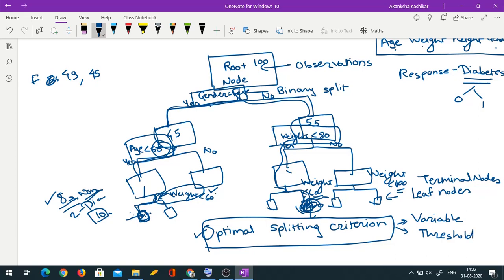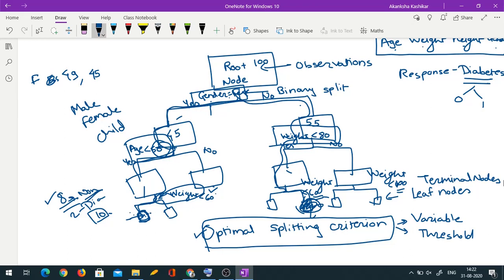Now one more quick question which might have come to some people's minds is, here I had the binary categorical variable gender. So female yes, female no, either or. But suppose I don't have a binary variable. Suppose I am splitting on the basis of male, female and child. So I have three categories. What should I do? Then a few of them would go to the left side, and the remaining would go to the right side.